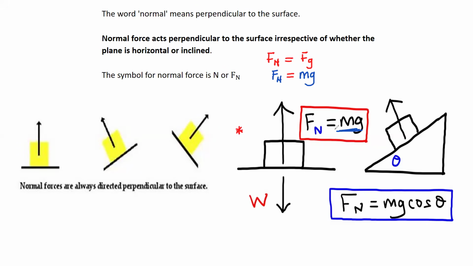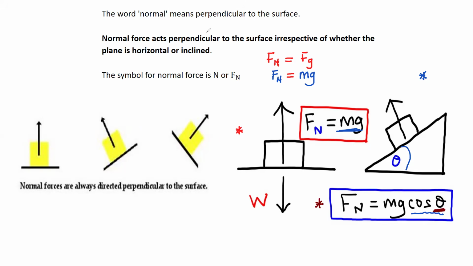Please remember this. On an incline, this diagram, on an incline, the formula for normal force is mg cos theta. I'm introducing the concept of cos theta. Later on, I'll show you how it comes alive. But for now, please notice that on a horizontal surface, the normal force formula is mg, but on an incline, the normal force formula is mg cos theta, where theta is the angle of inclination.